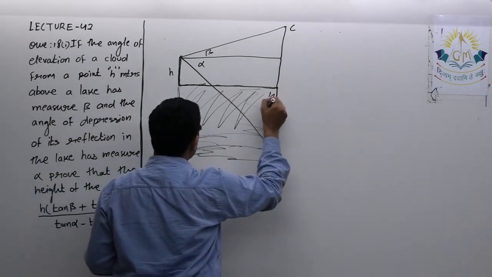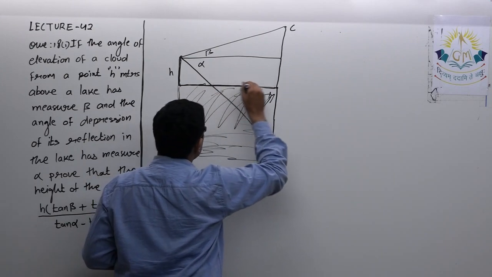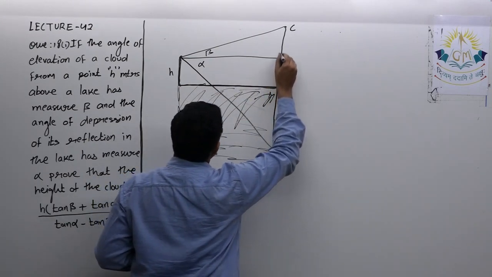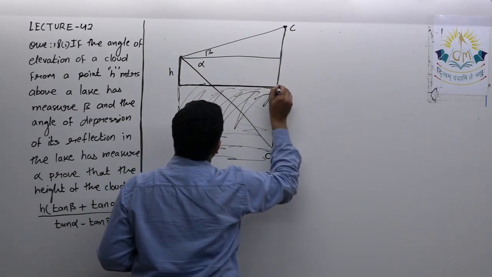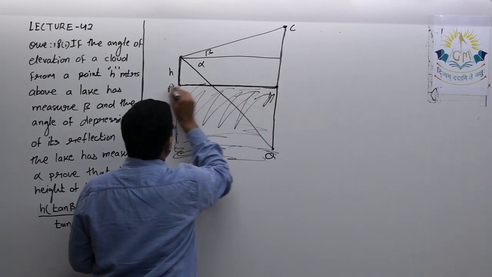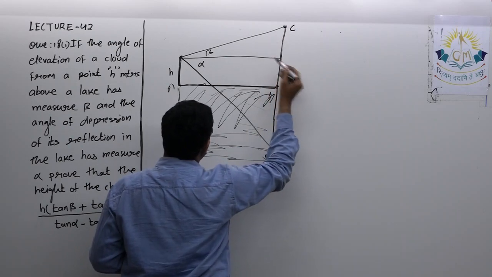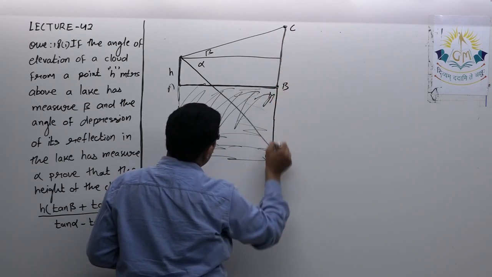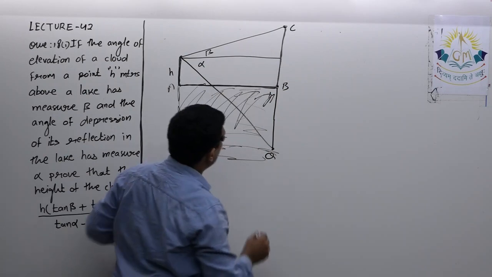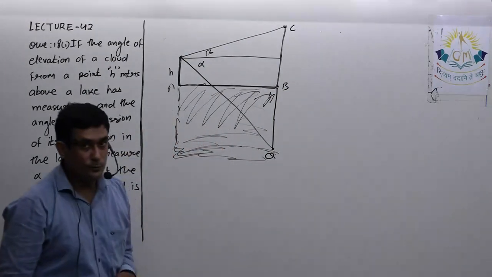That means if I consider this lake as a mirror, then for a while let this point be A and this point be B. So the distance of C from B must be the distance of B and Q. In other words, BC must be equal to BQ.